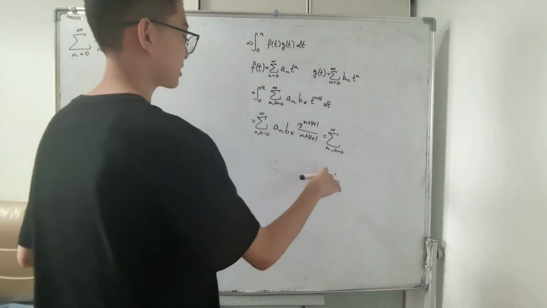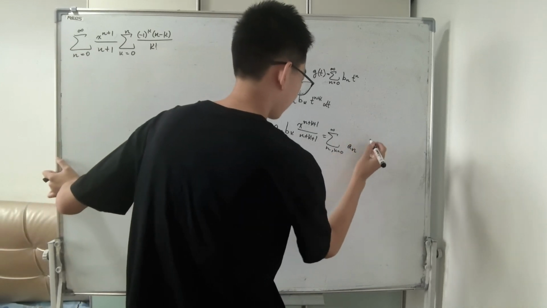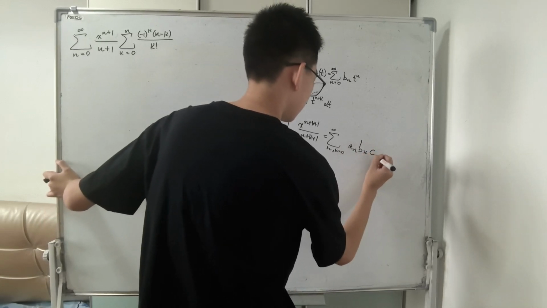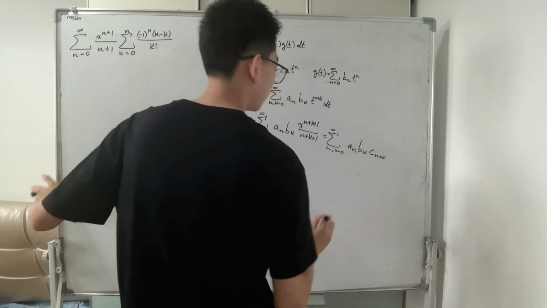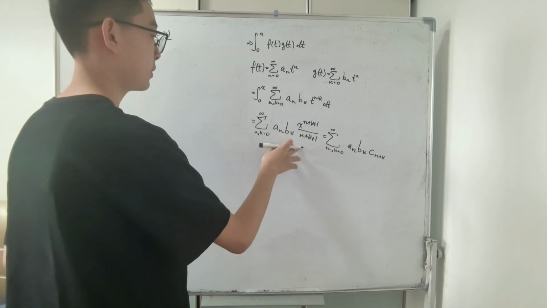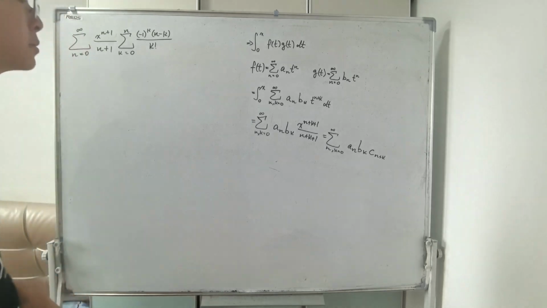My handwriting is sort of deteriorating. We have a_n, we have b_k, and then this other sequence, c_{n+k}, and c corresponds to this part. So basically c_n is actually 1 divided by n plus 1.